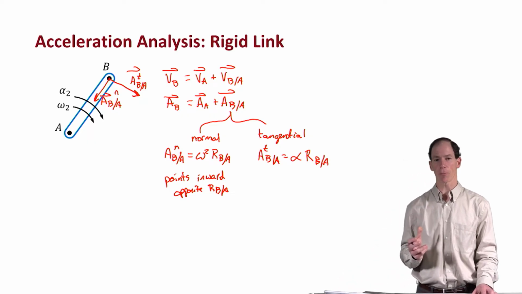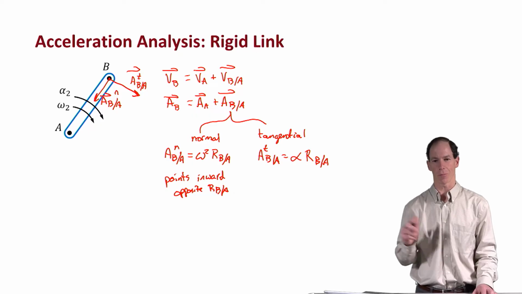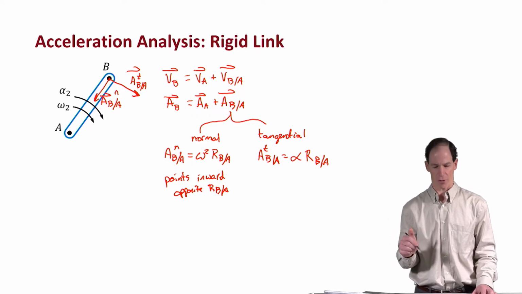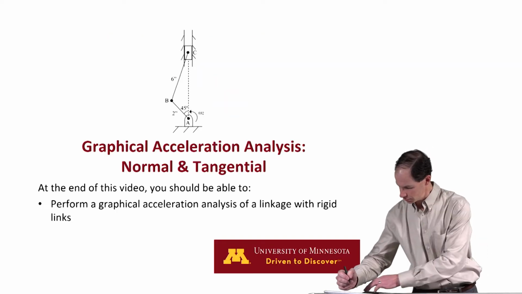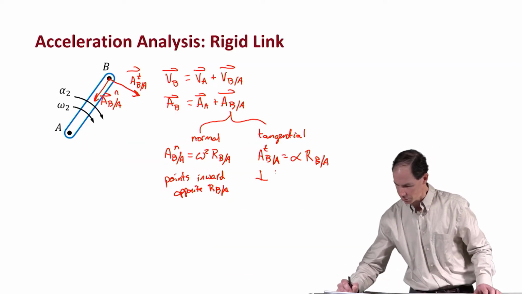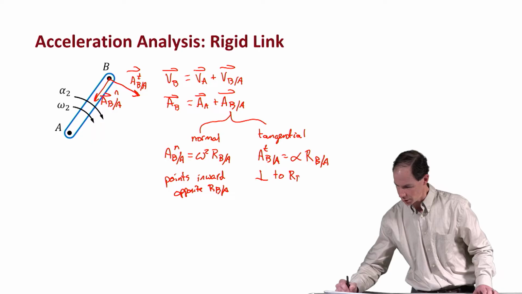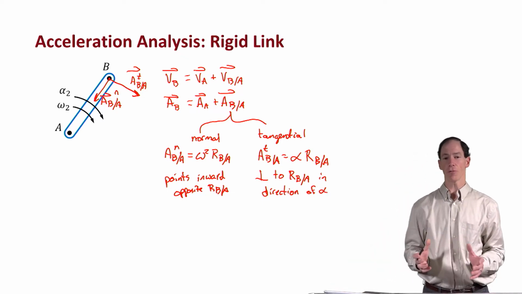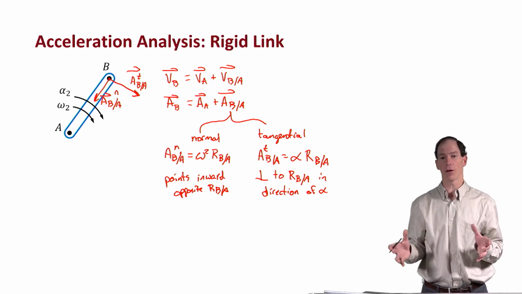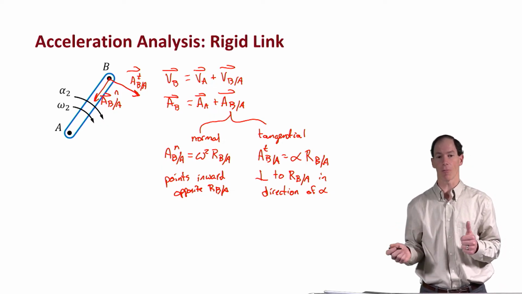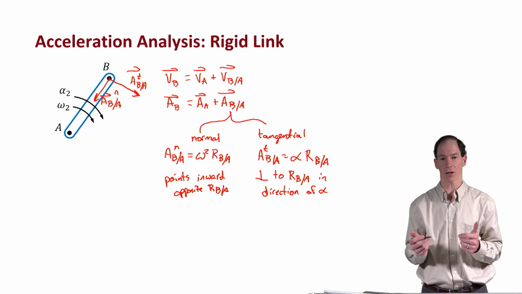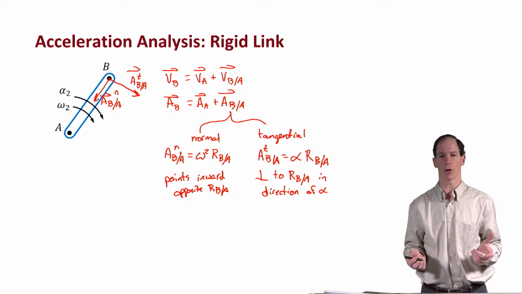This is always going to be perpendicular to the radius vector R_BA, and it's going to be in the direction of alpha. So really not too bad. It's one step more than doing our velocity analysis, where we only had one component that is perpendicular to the radius vector. Now we have two components, a centripetal component and a tangential component.